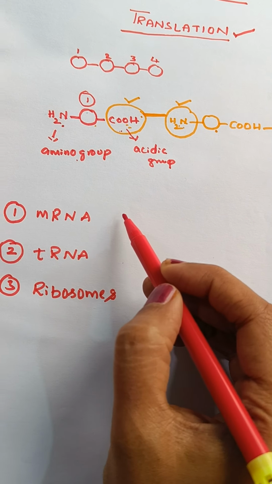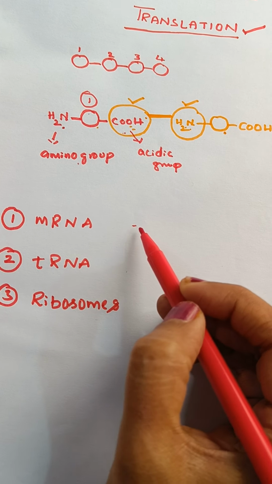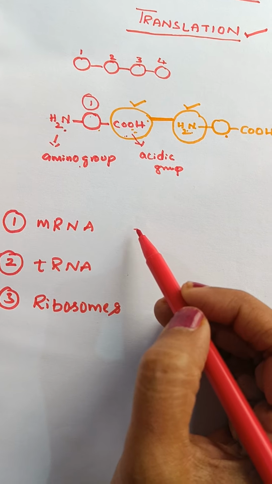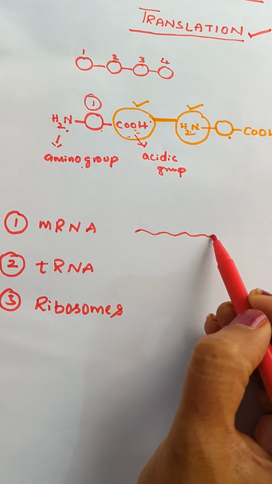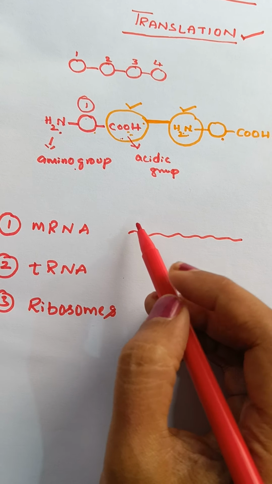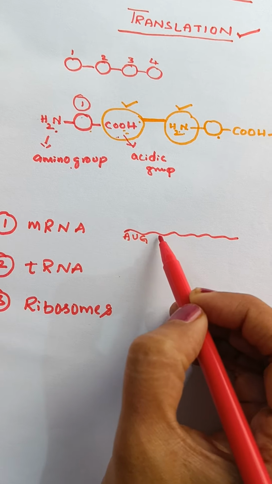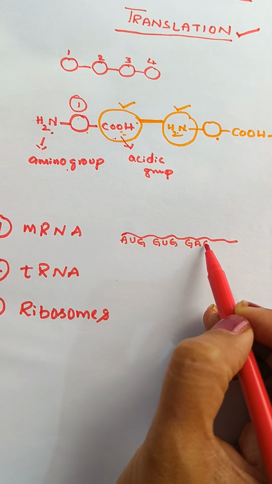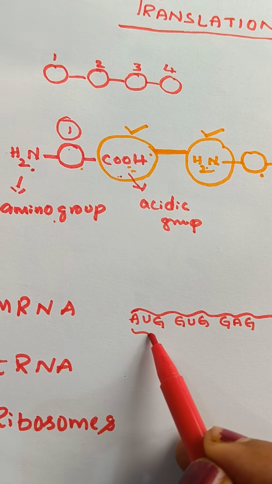What is mRNA? mRNA is synthesized based on DNA, and this mRNA carries the genetic information from DNA in the form of triplet codons. We know that three nucleotides on the mRNA, for example AUG, GUG, GAG, and so on, we call them codons.